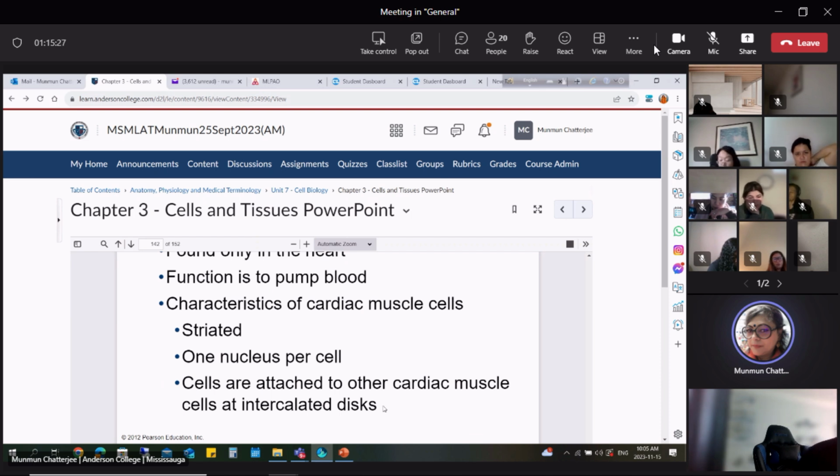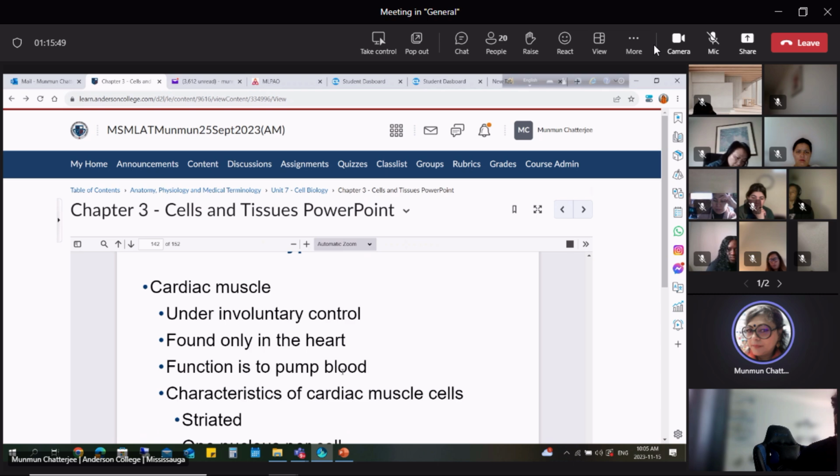You don't need to remember this point. What is very important to remember is that the comparison is going to come between skeletal muscle, cardiac muscle, and smooth muscle. Cardiac muscle is only found in the heart. It's striated, with a single nucleus. Function: pump the blood. And this is under involuntary control.